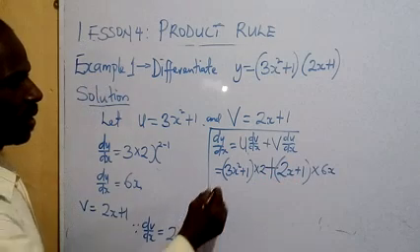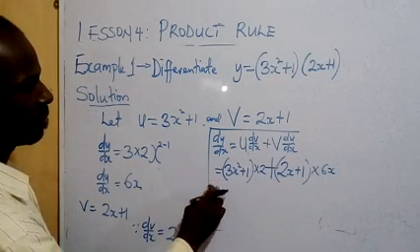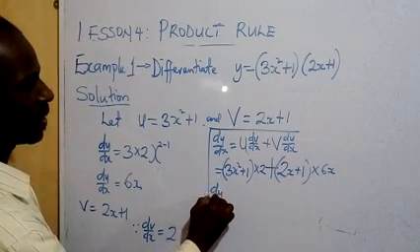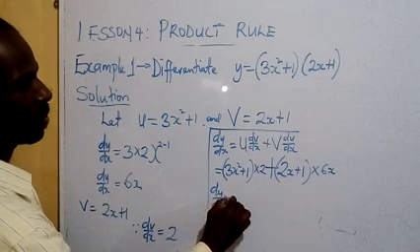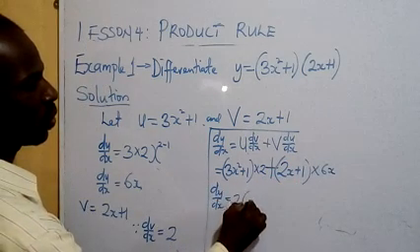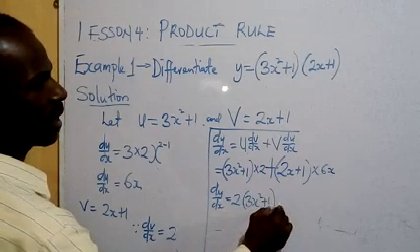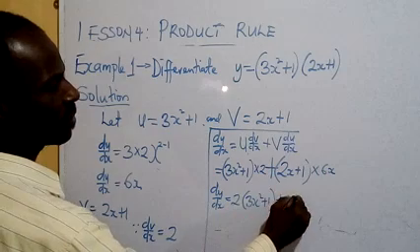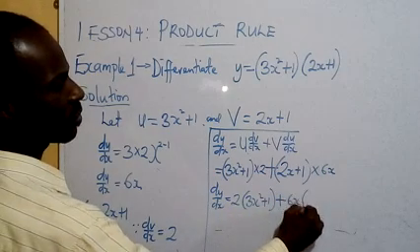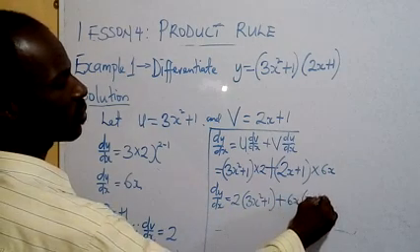Therefore you have for dy/dx equals 2 open bracket 3x squared plus 1, and we have 6x times 2x plus 1.